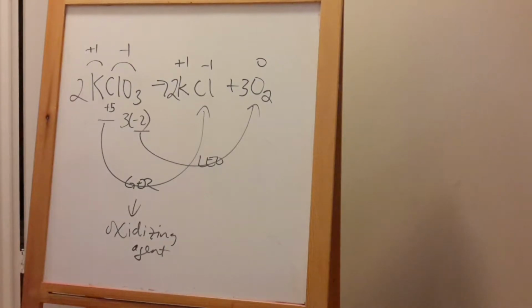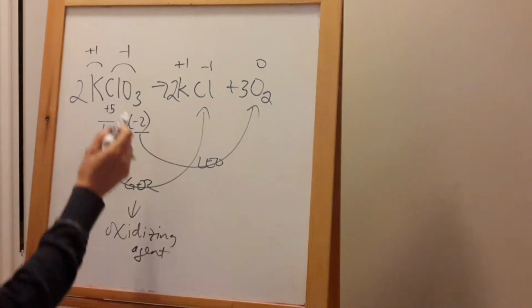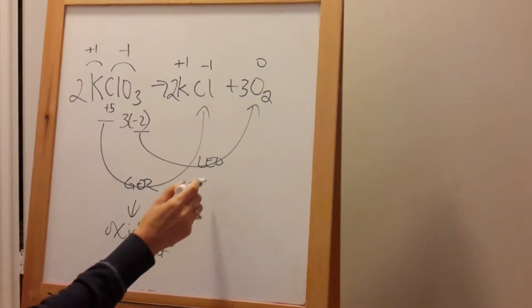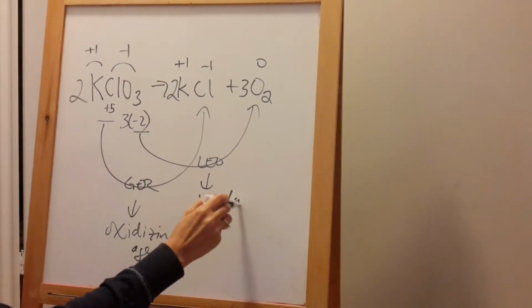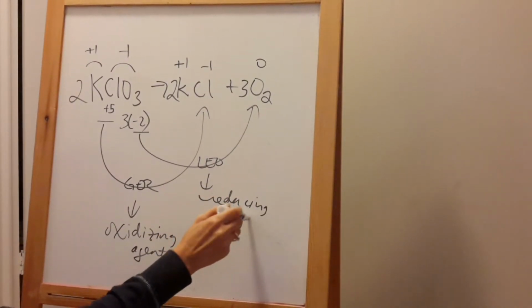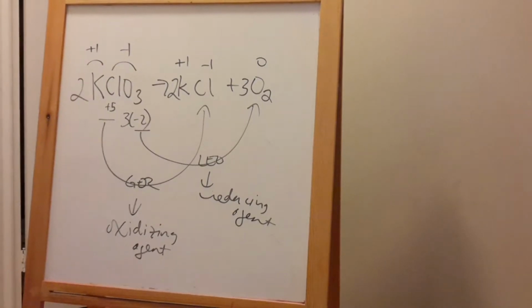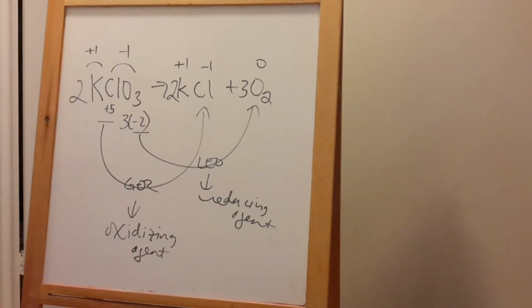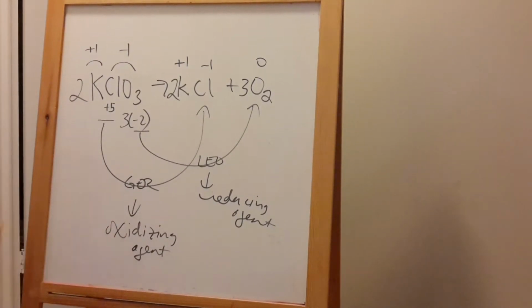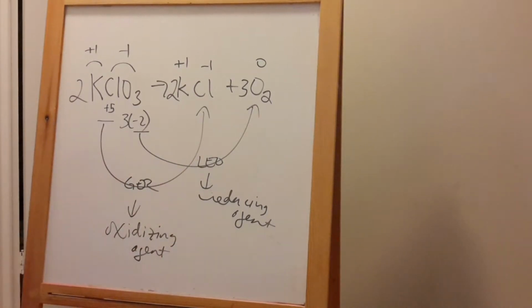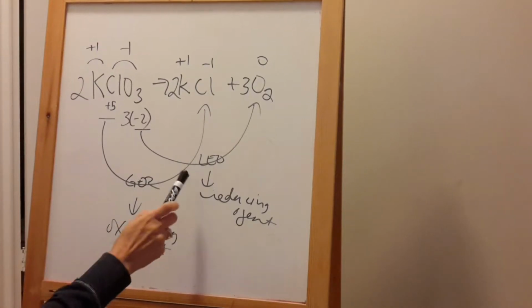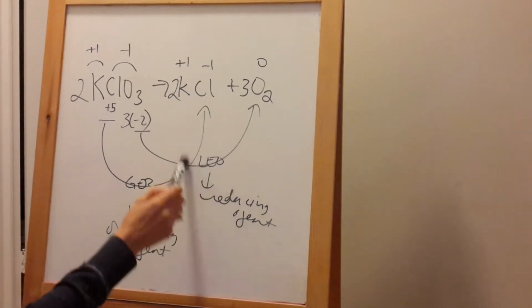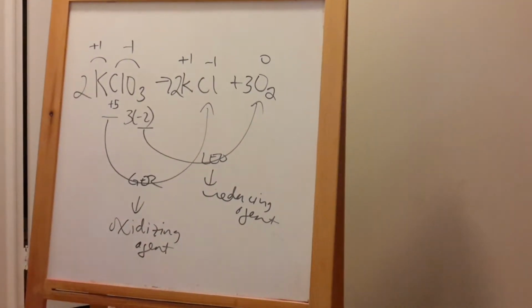In picking up electrons, it's forcing something to lose. Oxygen here, on the other hand, is the reducing agent, because it loses electrons, causing something to be reduced. So that's the terminology. Identify your GER, it's the oxidizing agent. The loss of electrons, the LEO, is the reducing agent. By the way, it's a little acronym for remembering: LEO, the lion, says GER, the two of them.